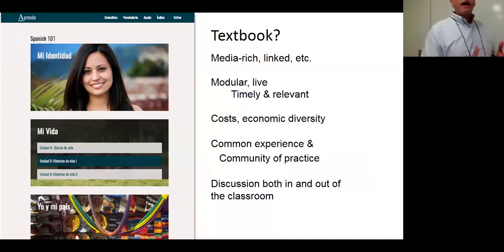The costs, that was a major issue. If any of you teach, you know textbooks can be extremely expensive, and that's especially true with language textbooks. The textbook we used to use at Princeton in Spanish, which I won't mention, was $190. And there's some add-ons as well. So that's really a big drain.